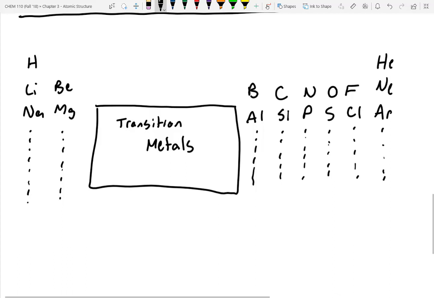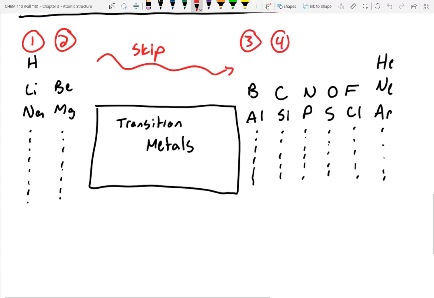To find the number of valence electrons, it's pretty simple. Just say 1, start at that far left. Anything in this first column will have 1 valence electron, assuming it's neutral. The second column, it'd be 2. And then basically skip that entire middle section. You see that big indent in the middle there? And then go to boron. This one has 3, 4, 5, 6, 7, and 8.